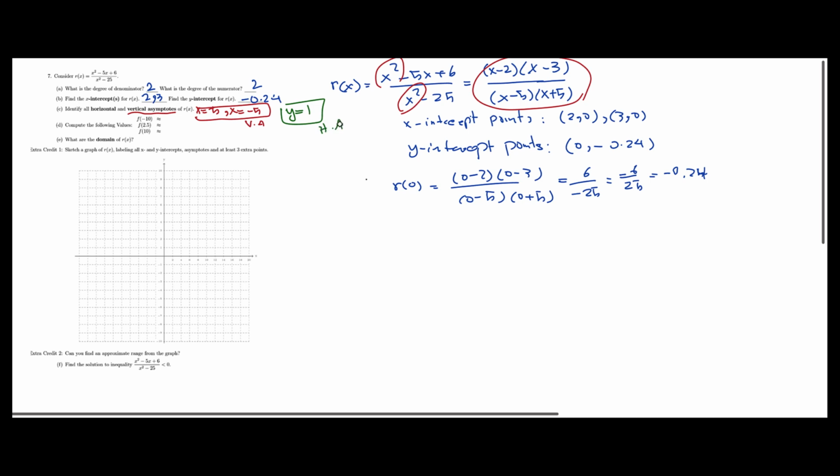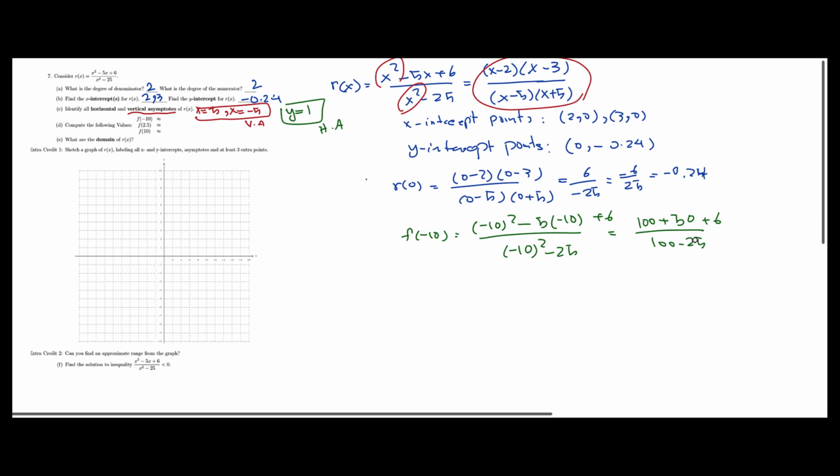Then the next part is asking us to plug in a bunch of points, and here if you use your calculator and you plug in the values like this, this one is negative 10 squared minus 5 times negative 10 plus 6 over negative 10 to the power 2 minus 25. Let's correct that. And you get 100 plus 50 plus 6 over 100 minus 25.